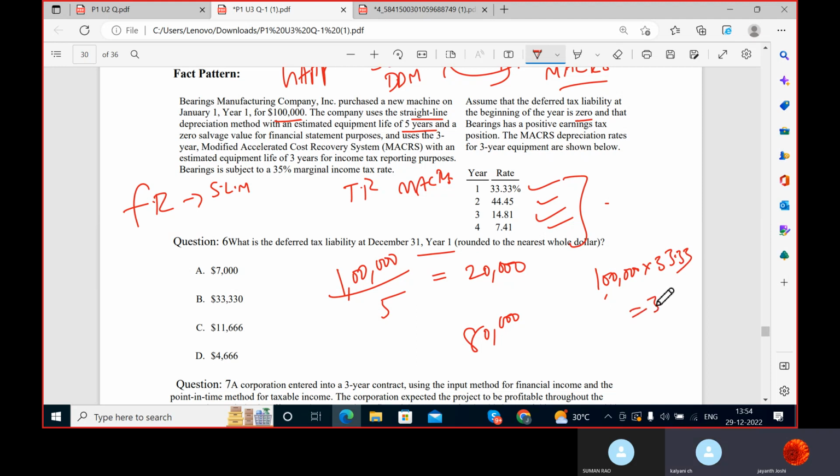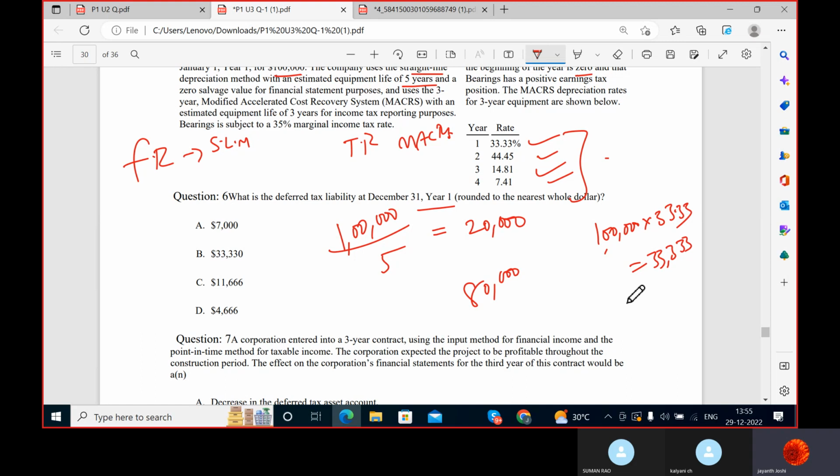It will be 33,333. So when we deduct that from 1 lakh, we get the asset value of 66,670. The difference between these two, 66,670 minus 80,000, is 13,330.